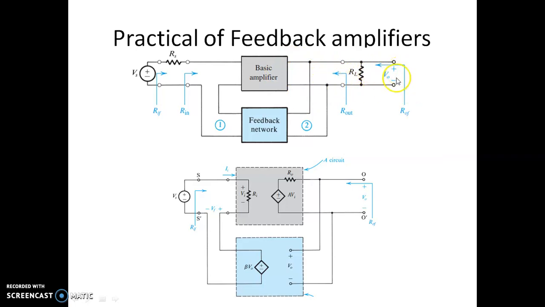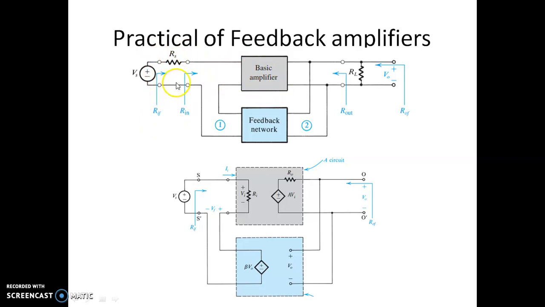Suppose I see from here, it is ROF, the output resistance with feedback as well as with RL. Again, this is the input impedance looking into the network with the feedback coming into the picture, but we are considering this as RIF, which includes RS also in the circuit.